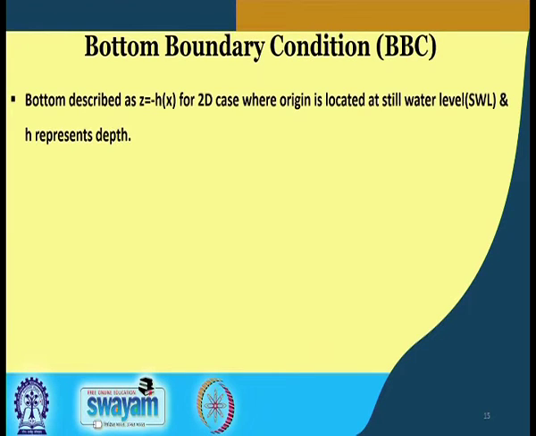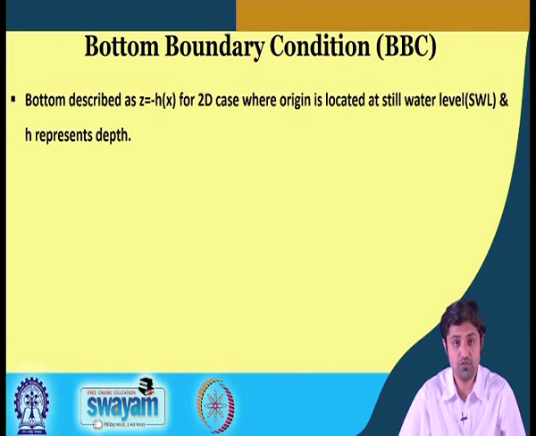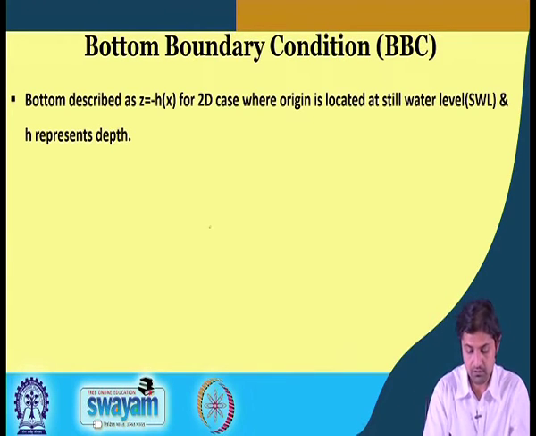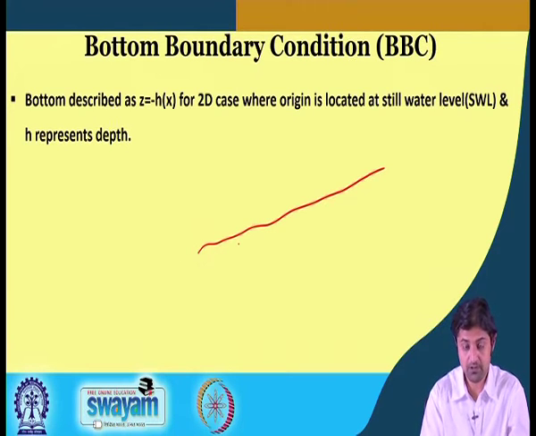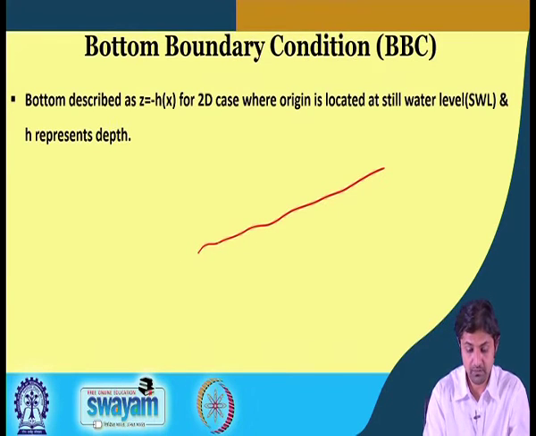So, let us say the bottom is described as z is equal to minus h of x. This is the river bed or the sea bed, and this can be z here.